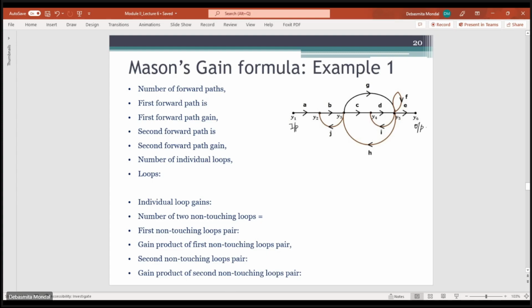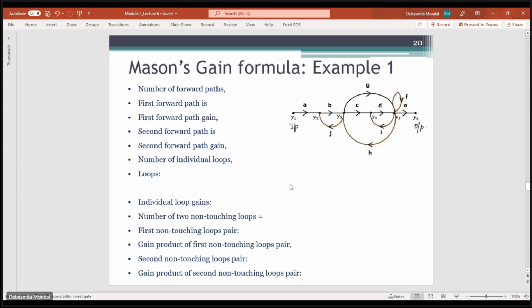So how many forward paths? There are 2 forward paths. You see, there is one path which is moving along this direction, y1, y2, y3, y4, y5, y6. Correct? And then there is another path which is moving from y1, y2, y3, then straight away going to y5 and then y6.